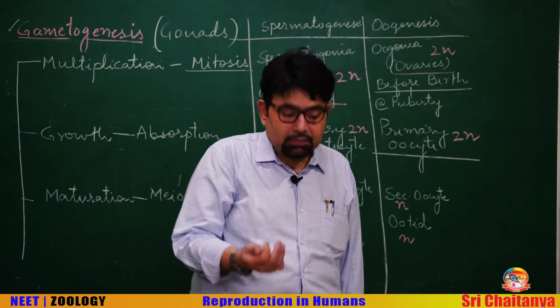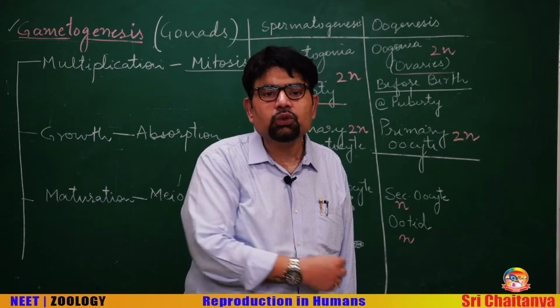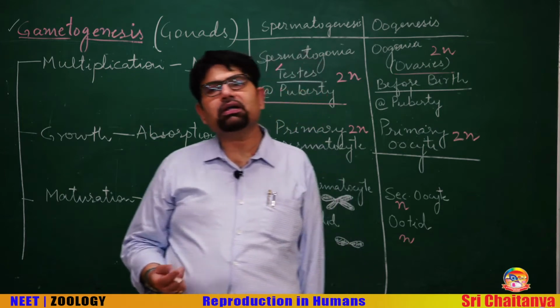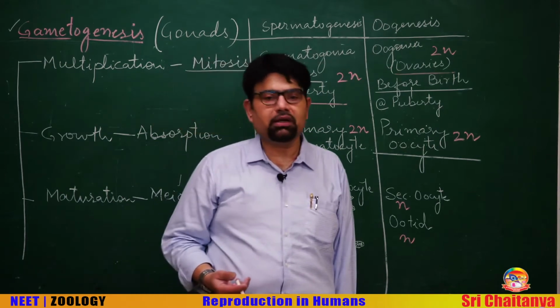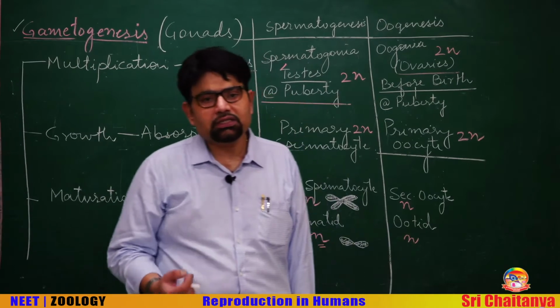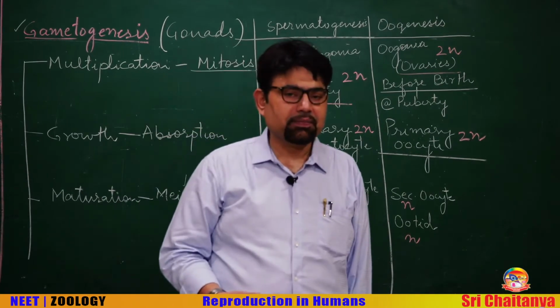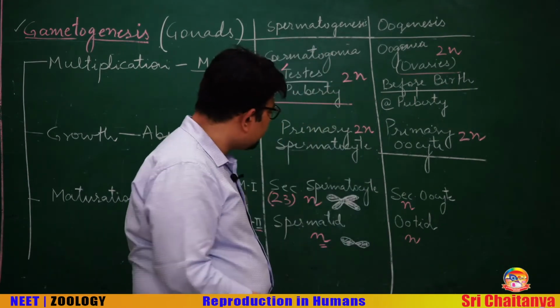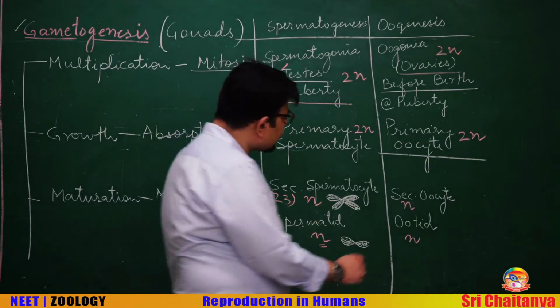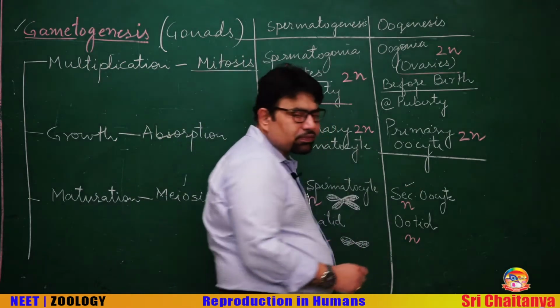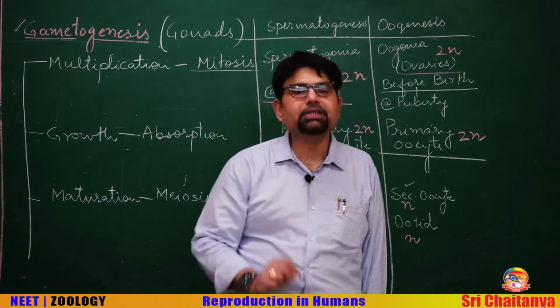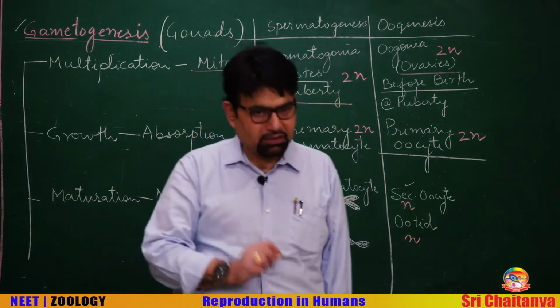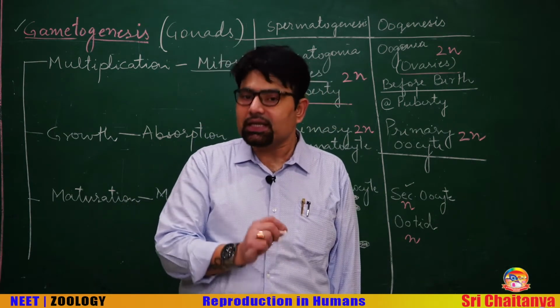A girl baby is born with many immature cells, about 1 to 2 million in each ovary. They have not yet become secondary oocytes, because only after completion of the meiotic first division will they be called secondary oocytes.